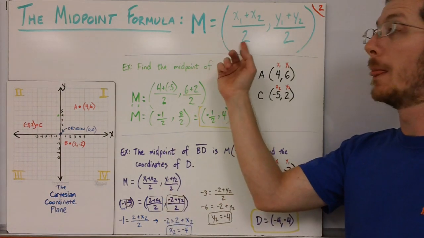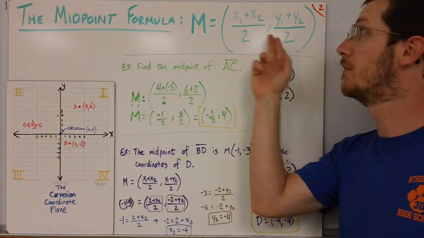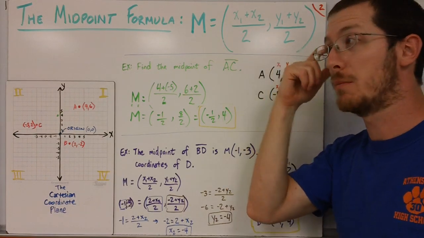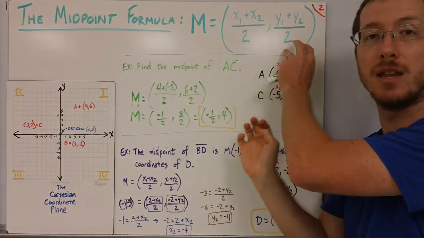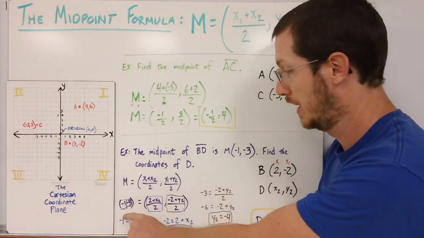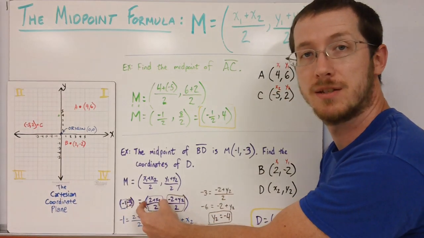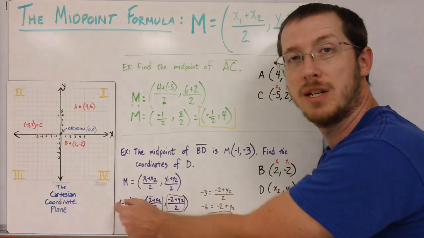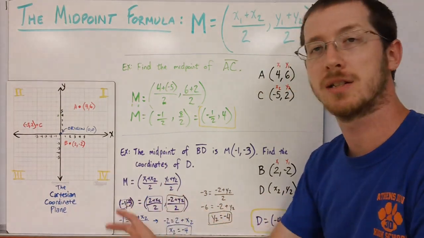Now remember, back up here when I said there were two mini formulas inside of the midpoint formula, this is where keeping that in mind comes in handy. We want to separate these two mini formulas. So our x-coordinate, negative 1, of our midpoint equals whatever this is going to simplify to. So take just that first part of each side of the equation and make it its own equation.